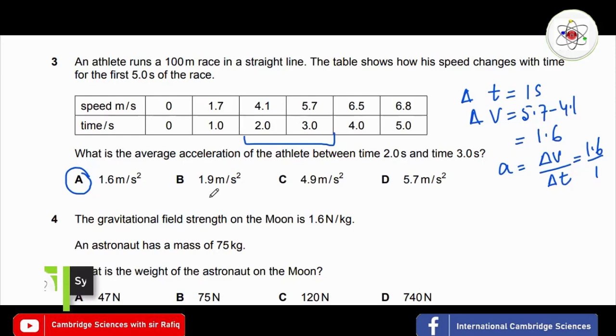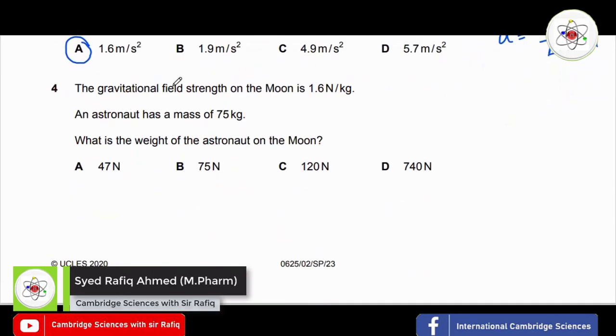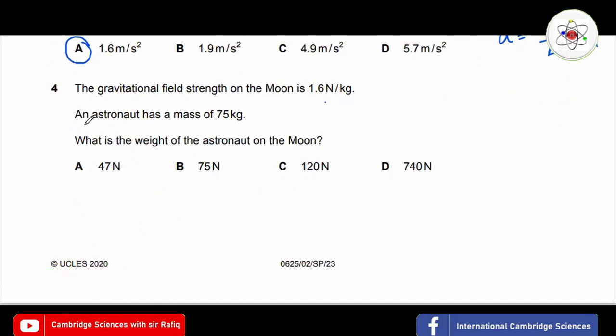Number 4, the gravitational field strength on the moon is 1.6 Newton per kg. An astronaut has a mass of 75 kilograms. So this is the mass and this is the gravitational field strength on the moon. What is the weight of the astronaut on the moon?